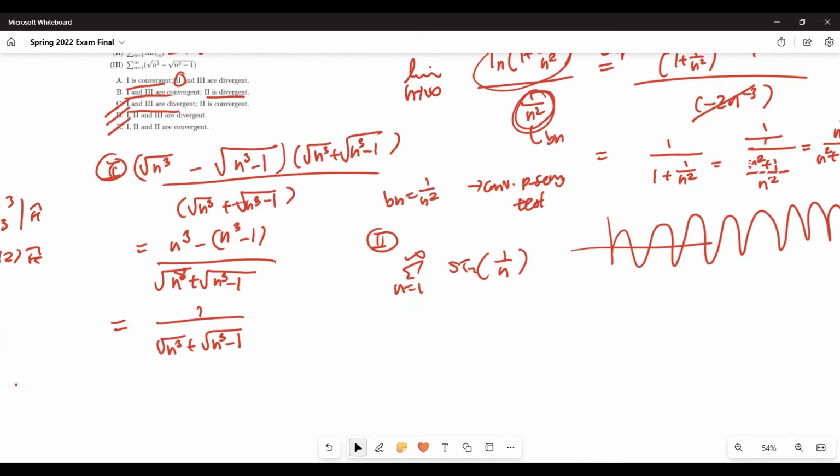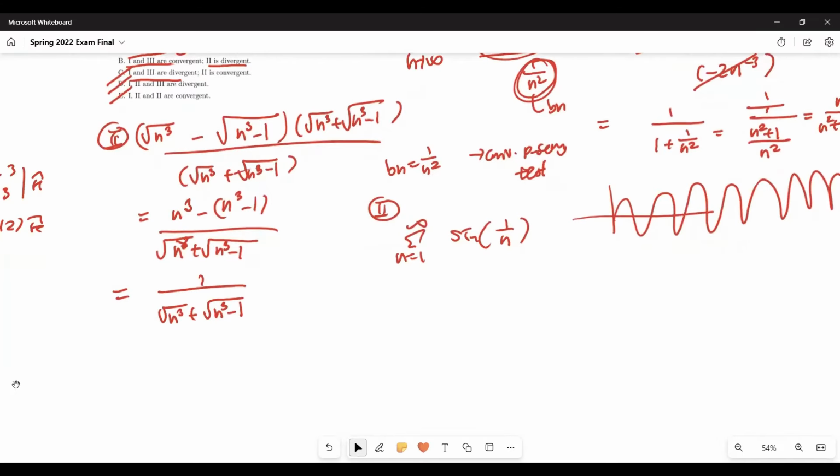So now what can I use? I can use the limit comparison test as well. If I use the limit comparison test, our An will be 1 over the square root of n cubed plus 1 plus the square root of n cubed, and our similar format Bn will be just 1 over n cubed.